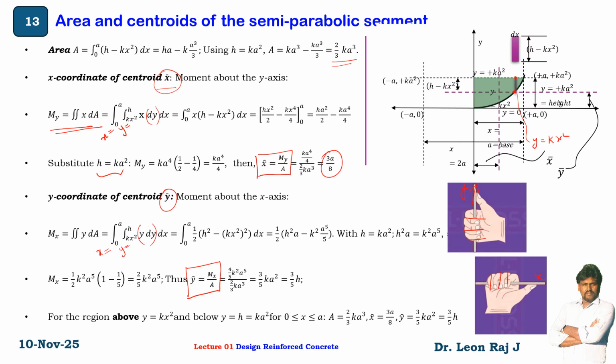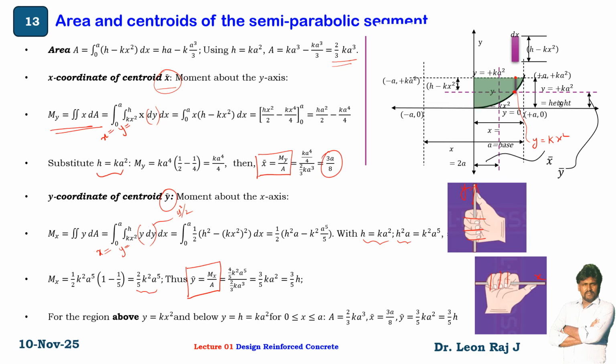Just by substituting this, h square minus k square x to the power of 4 into dx, and if you substitute h equal to k a square, h square a equals k square a to the power of 5, and your Mx value is 2 by 5 k square a power 5.